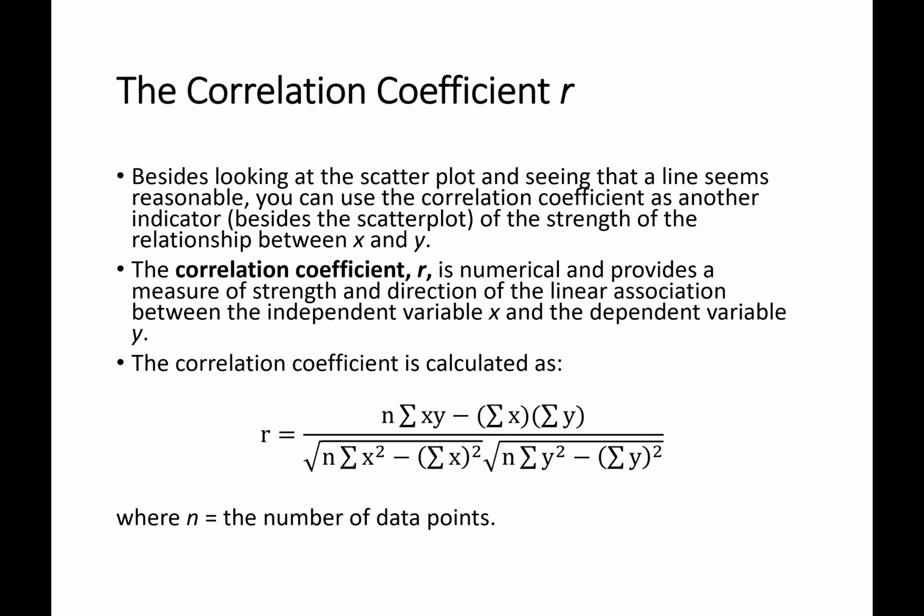The correlation coefficient, and it's R, is numerical and provides a measure of strength and direction of the linear association between the independent variable X and the dependent variable Y.